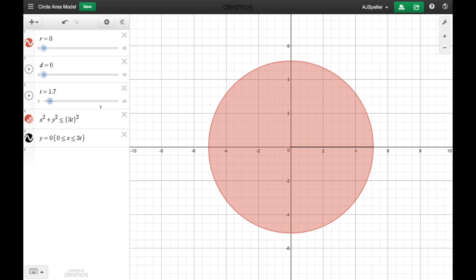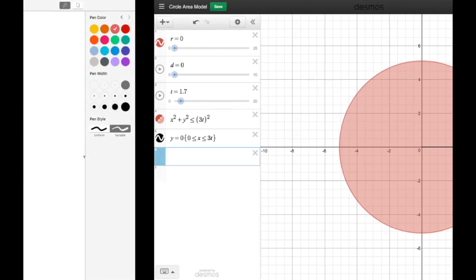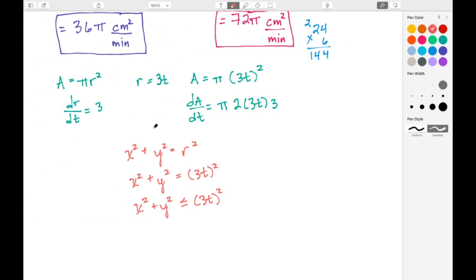All right, the next thing I want to do is put in the equation that we came up with that represents the change in area over time, and let's go back and take a look at that again. Let me put a square around that. This here is the equation that we want to put in.